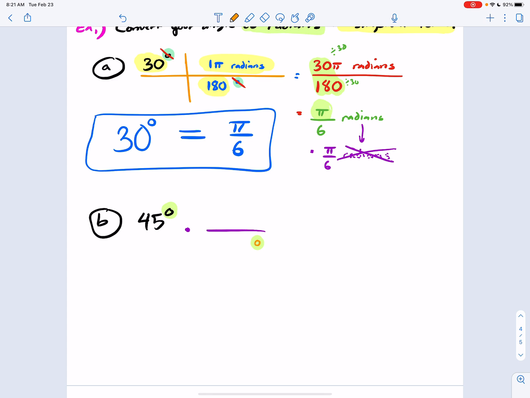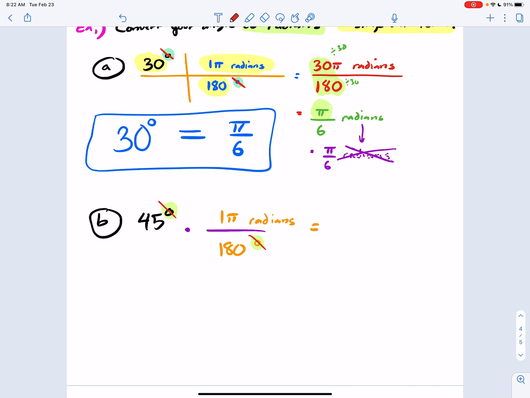So I'm going to have degrees down here and I want radians up here. Sometimes they'll say rad for short. That's fine too. I know that 1 pi radian is equivalent to 180 degrees. So it's the same thing without the entire T chart. Degrees cancels out because they're diagonal to each other.